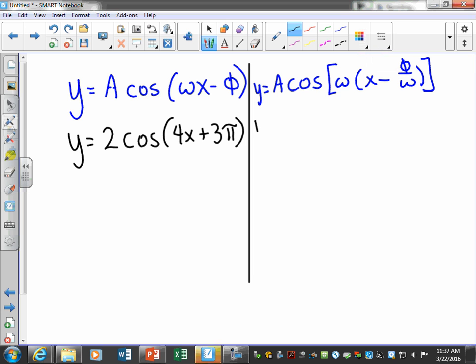So that would give us y equals negative 2 cosine. Okay, if we pull out 4 for omega, we have x minus c, which is just going to be negative 3 pi over omega, which was 4, right?